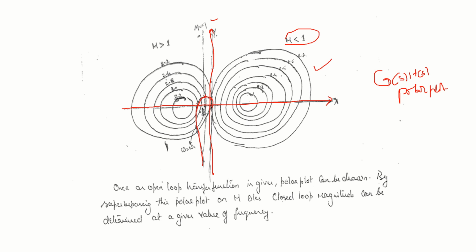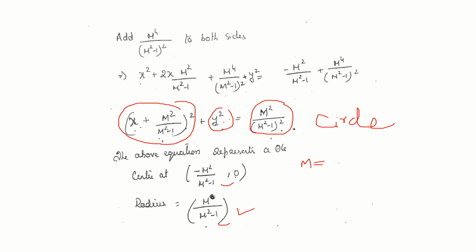At a particular frequency, let us say it is cutting this circle. So at that frequency, what is the closed loop magnitude? You can find out. So once the open loop transfer function is given, the polar plot can be drawn. Superimposing the polar plot on M circles, closed loop magnitude can be determined at a given value of frequency. That is the use of M circles.